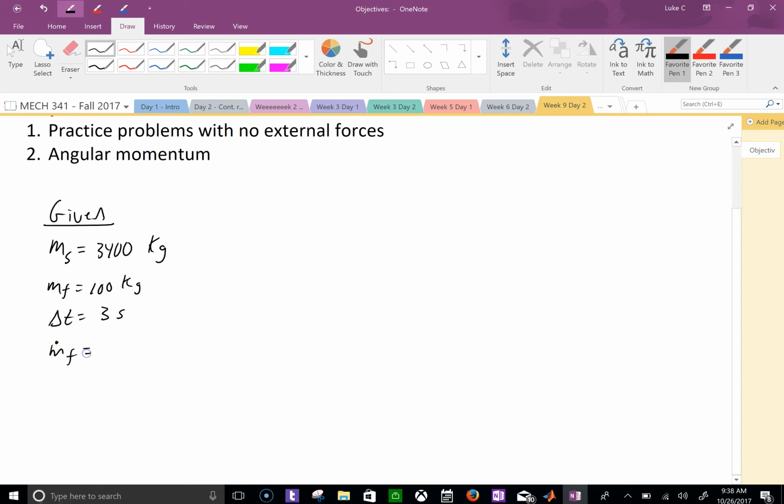So what's the mass flow rate of that? And it says the 3,000 meters per second relative to the satellite. Okay, so VF is 3,000.